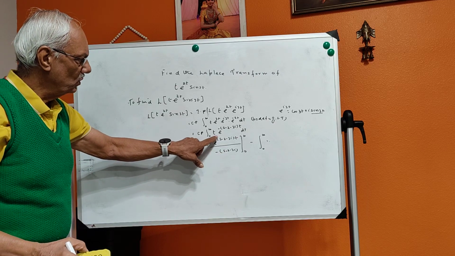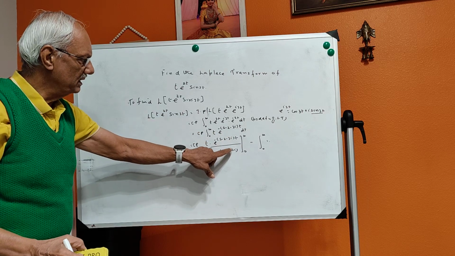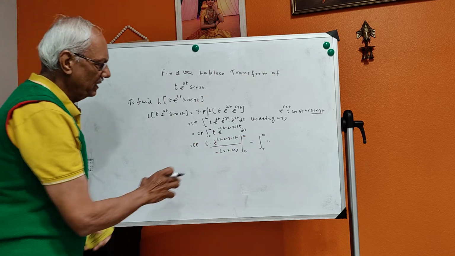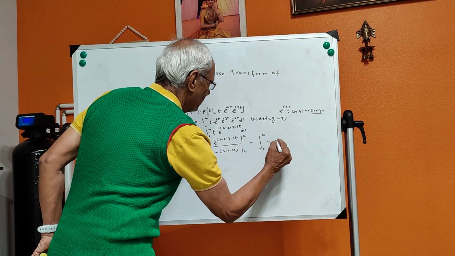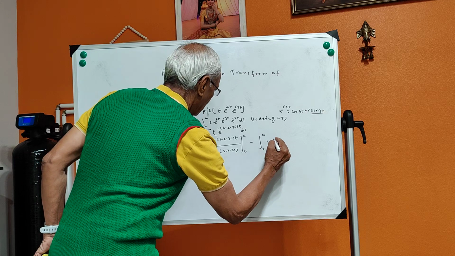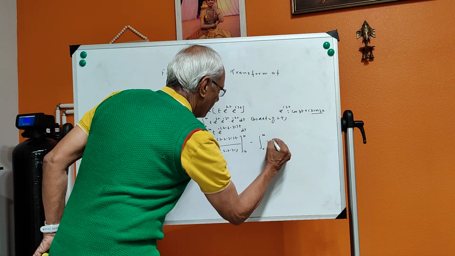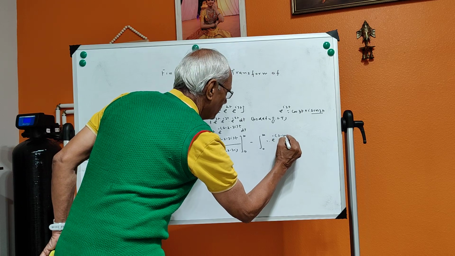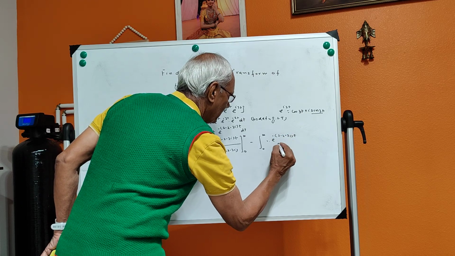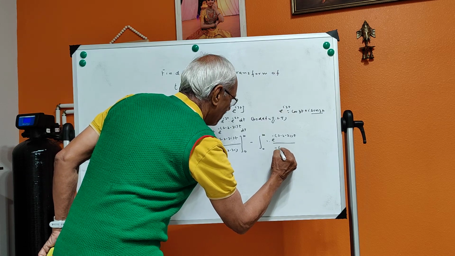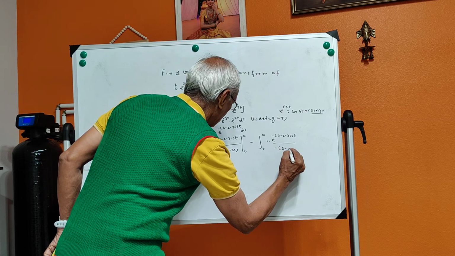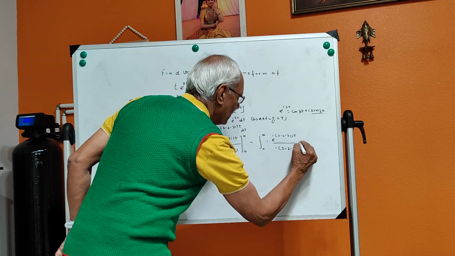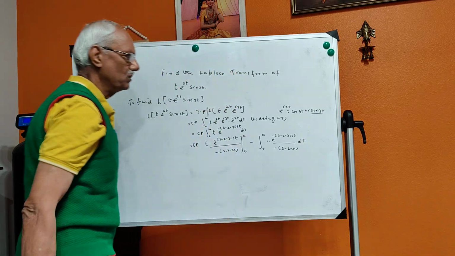Here t into e to the power of minus this, take the differentiation of t, that is 1, and the integration of this, which is e to the power of minus s minus 2 minus 3i of t divided by minus of s minus 2 minus 3i, into dt. So this is what you will get.